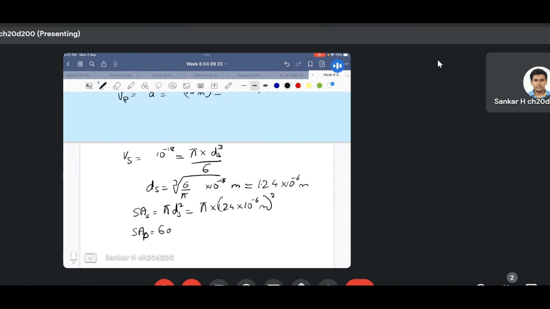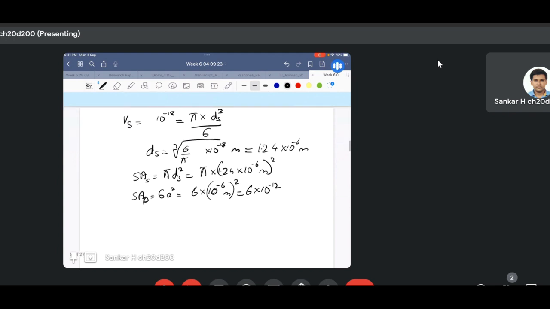And the surface area of the particle will be equal to 6a square, which is 6 into 10 raised to minus 6 meters the whole square, which is 6 into 10 raised to minus 2. Therefore, the sphericity of the particle is now given by the surface area of the sphere divided by the surface area of the particle, which turns out to be pi into 1.24 into 10 raised to minus 6 the whole square divided by 6 into 10 raised to minus 2.